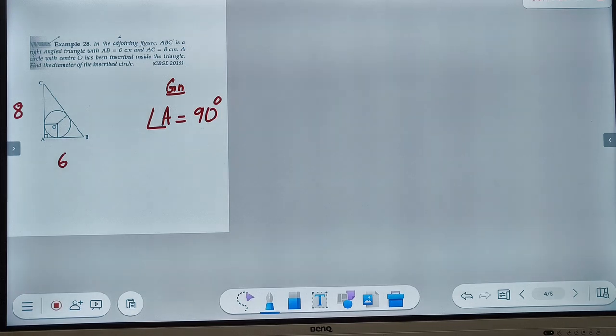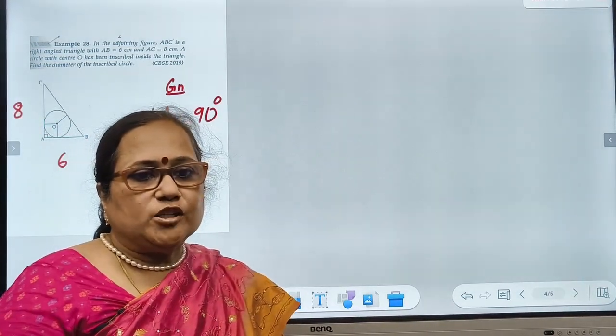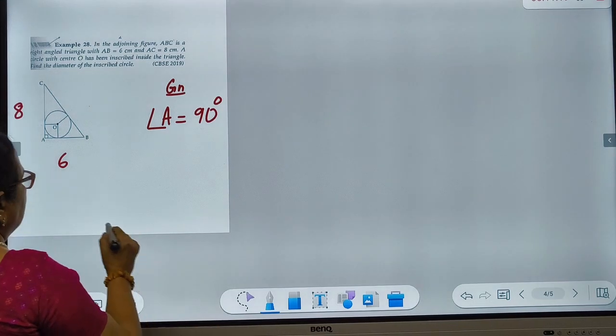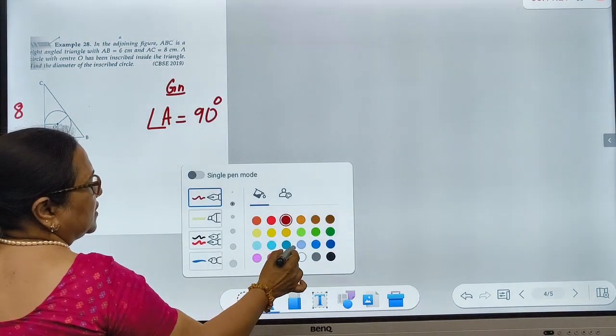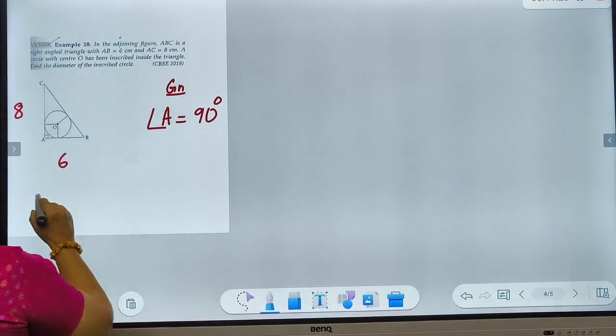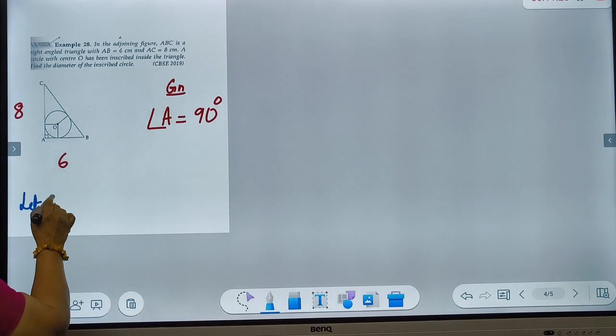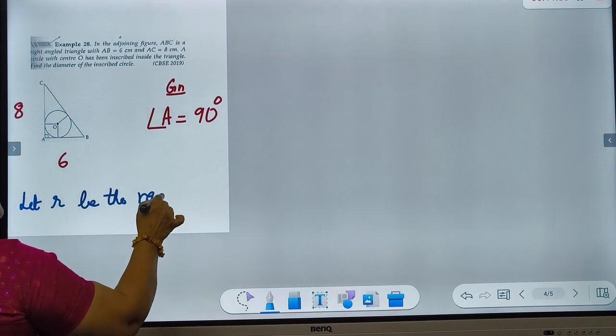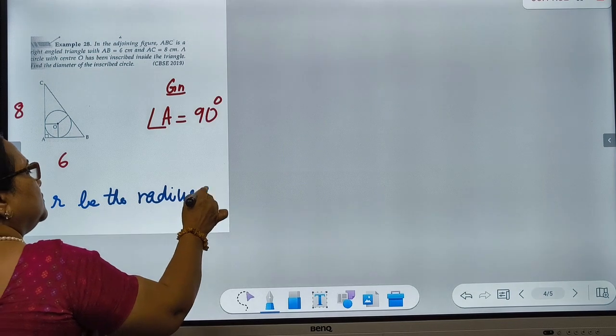You have to find the diameter of the inscribed circle. Okay. So if you know the radius of the inscribed circle, that means the diameter is also known. So let R be the radius of the inscribed circle.